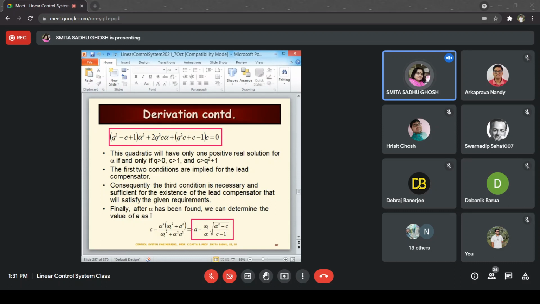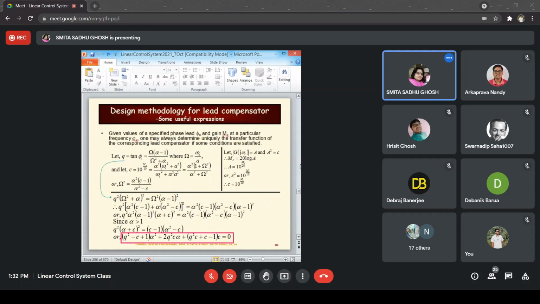We can determine the value of a as follows. We put the value of alpha, we already know the value of alpha. So your value of Mc, you see, is 20 log to the base 10 of A, and these are all known things, right?